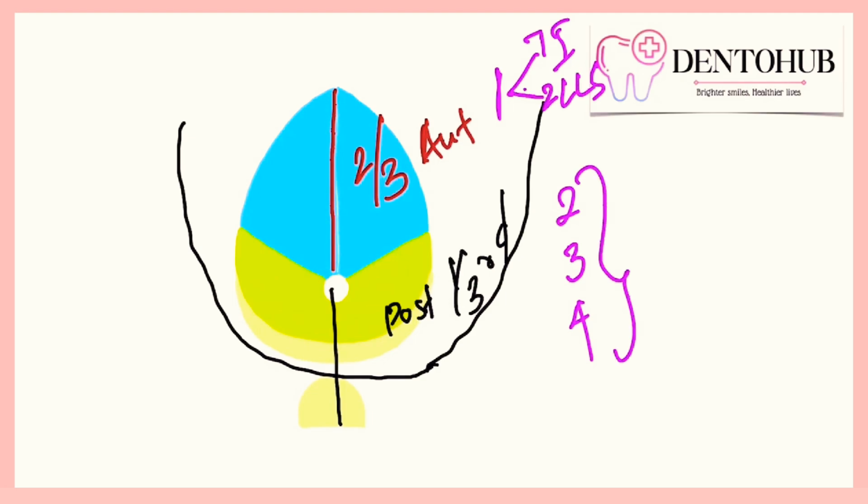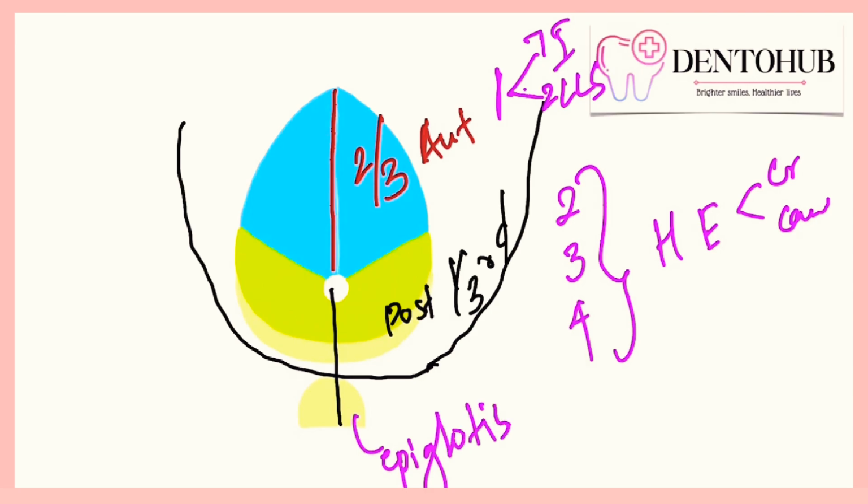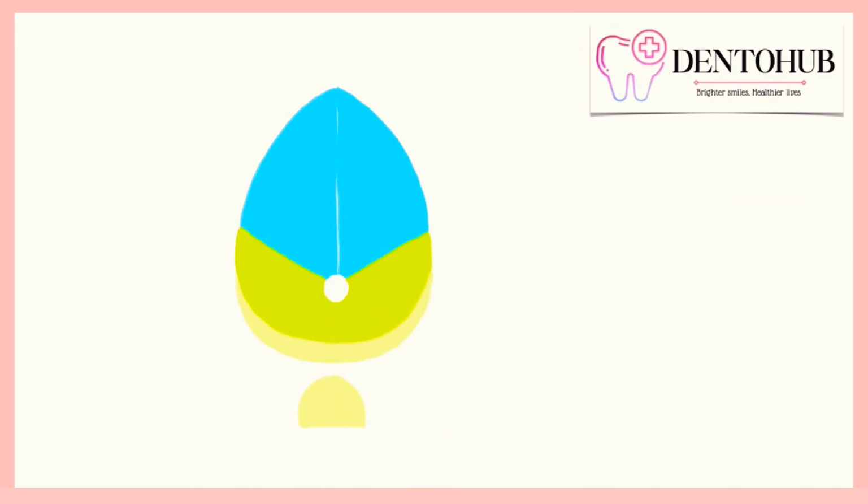The posterior part is from the hypobranchial eminence, which is divided into cranial and caudal parts. Both are involved in the formation of the tongue, and the caudal part also forms the epiglottis. So that's all for the development of the tongue.